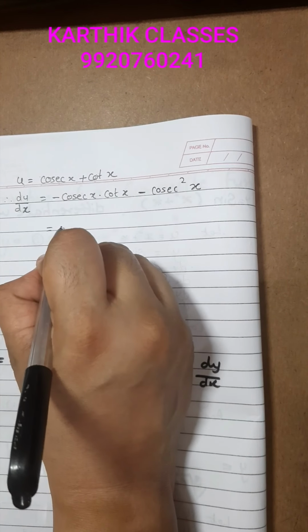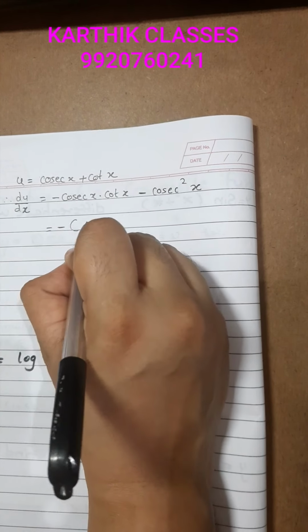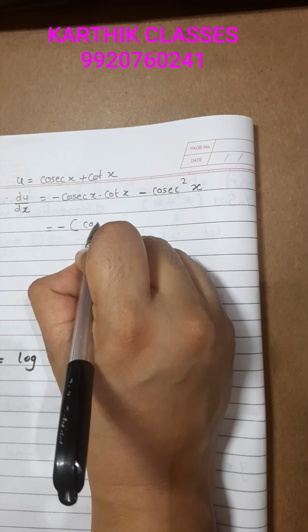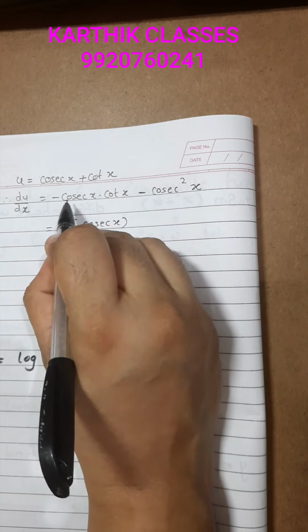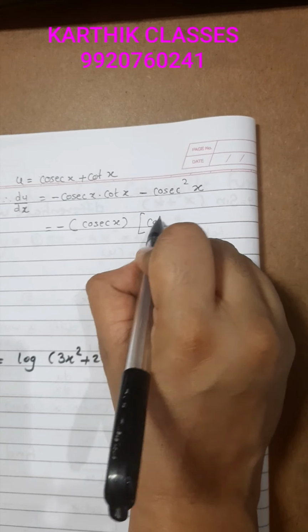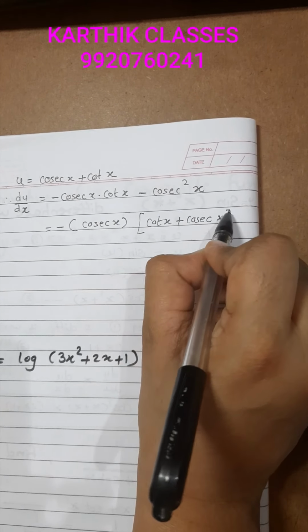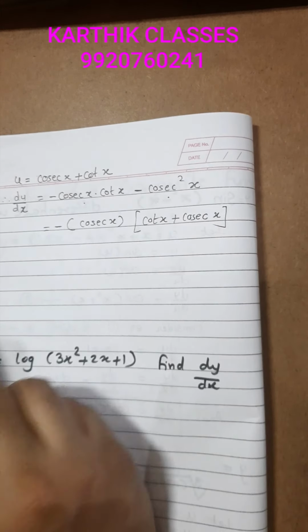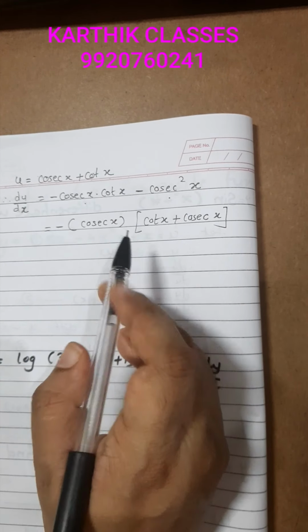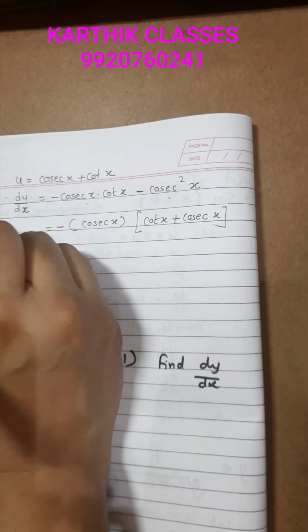So this minus sign I keep out. Cosec x also I can take out as common. So this becomes cot x plus cosec x. So I have taken common terms out from the bracket. Okay, so this is our du by dx. Let's number it as equation 3.